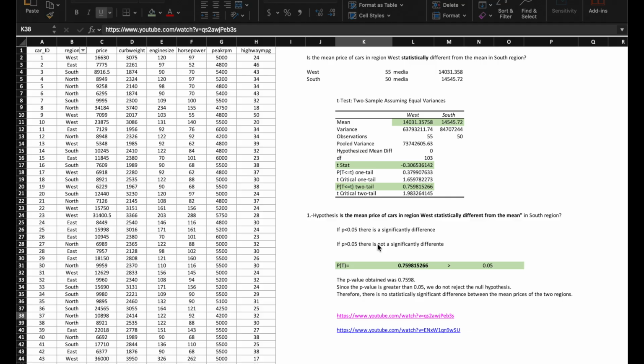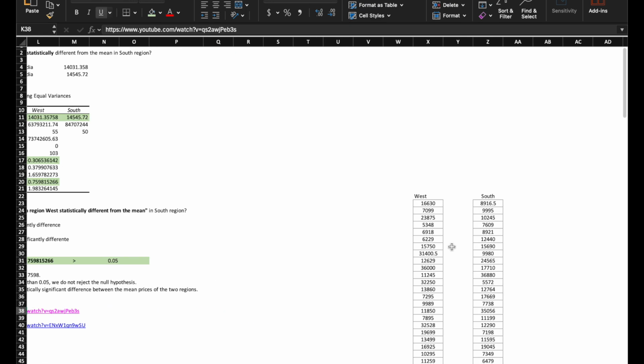So the first question is: is the average price of cars in the west region statistically different from the south region? To address this question step by step, we first of all filtered the data. We selected west, copied and pasted in another row. Also we need to do it with south.